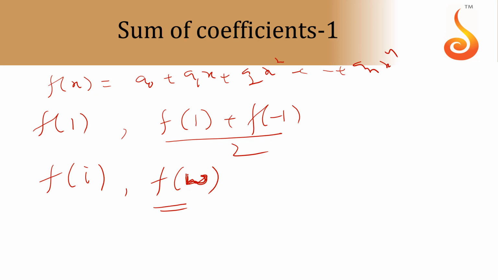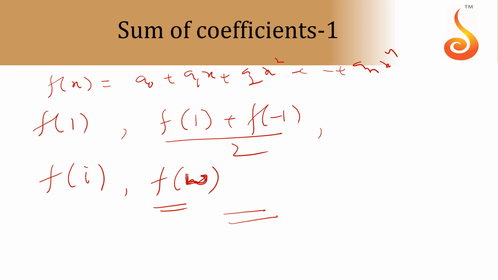So if I use omega, omega power 0, omega power 3, omega power 6, all are ones. So like that you should get an idea. Suppose f of i, what will happen if I use f of i: a0 minus a2 plus a4, like that I will get. So according to the given question, you have to use the sum of the coefficients.